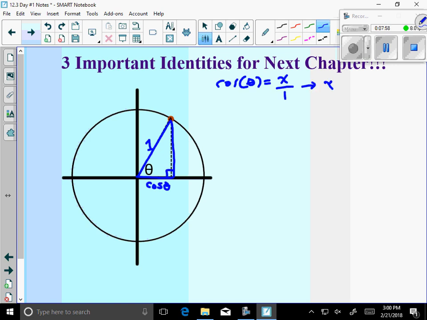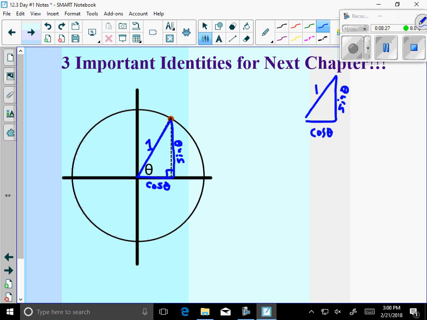Therefore x would equal cosine theta. Our y value here is sine theta. Okay, so we got this circle, or excuse me, this triangle, and it looks like that, right? We got cosine theta, sine theta, 1.